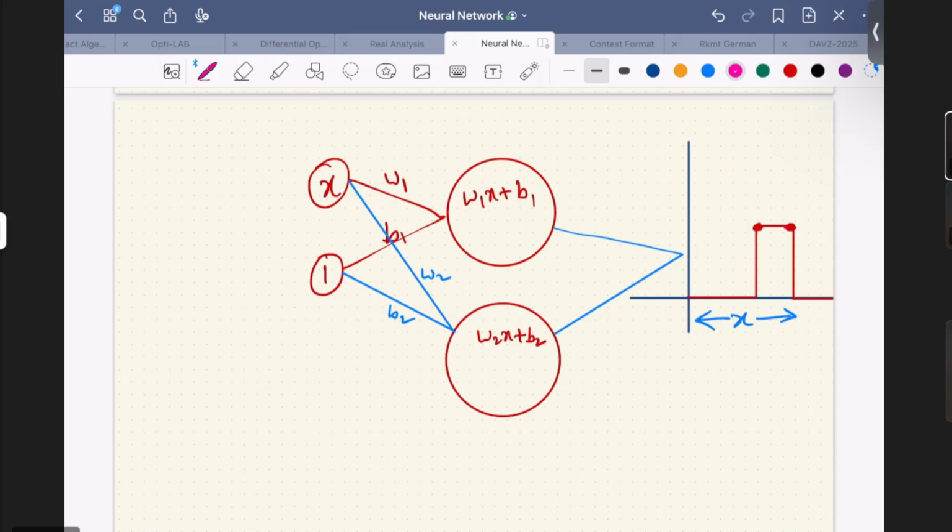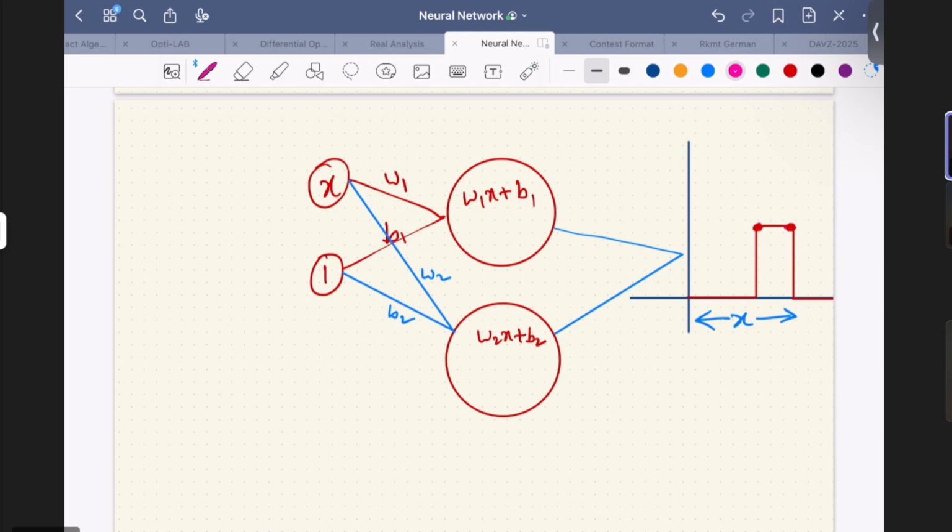Sir, again I have doubts. Here we need w1 and w2. Directly we can say, if x is less than b1, then that will be 0, and if the other part is not true, then that will be 1, and if x is less than b2, then that will be 0.